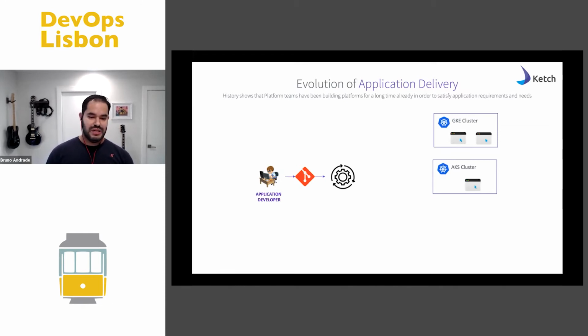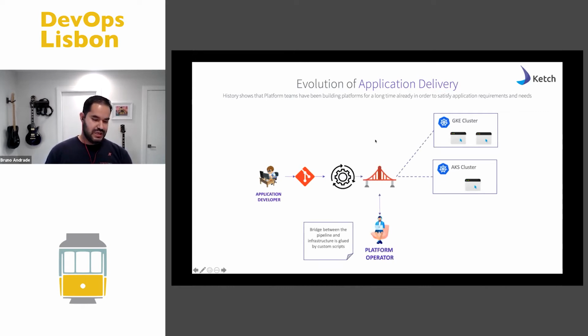In the middle between your CI pipeline and your Kubernetes clusters, there is quite a bit of a bridge that you have to build. Either the developer has to build it in some organizations, or the platform operator in others. And the challenge is building that bridge between your CI pipeline and your Kubernetes cluster.